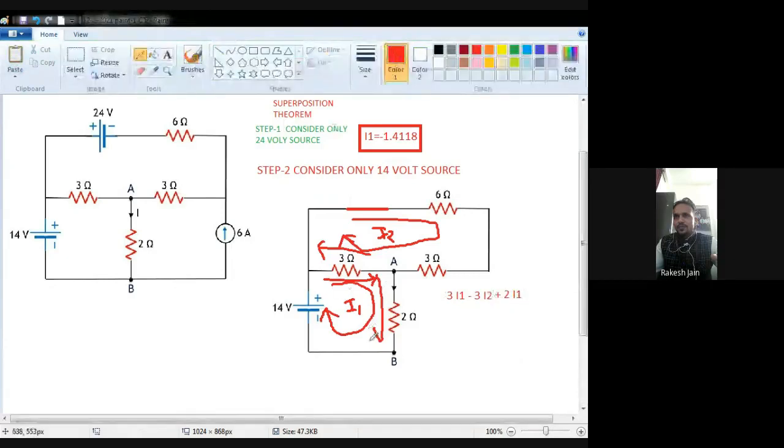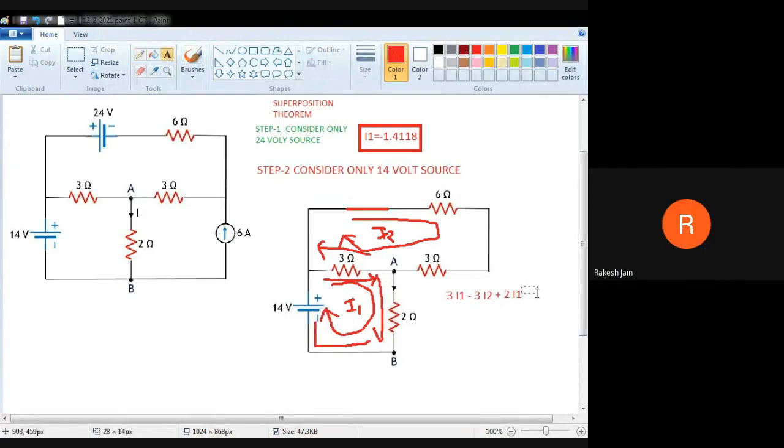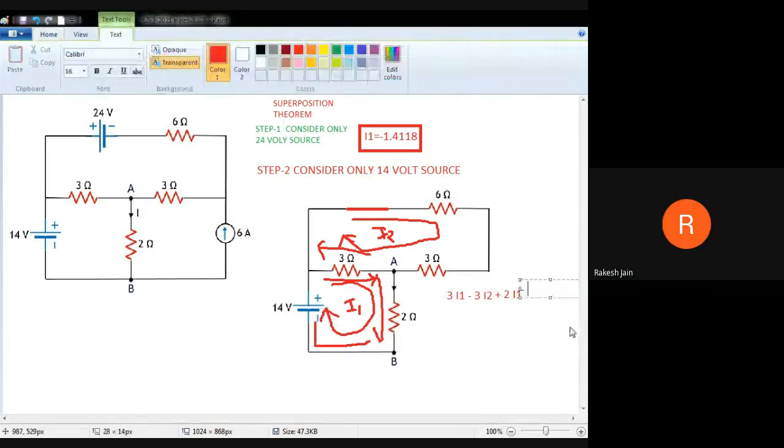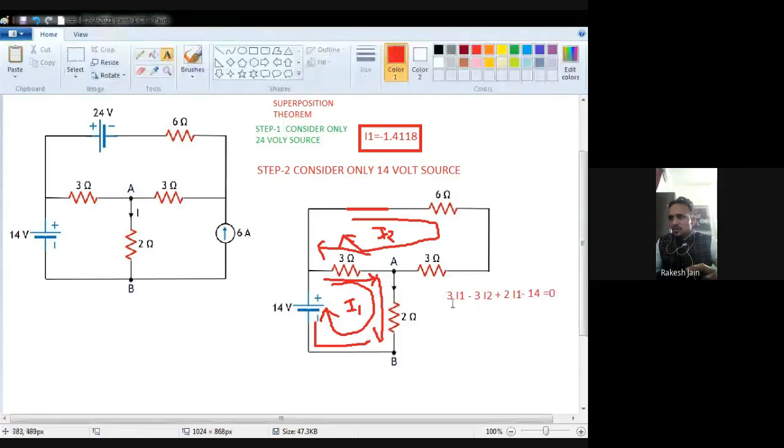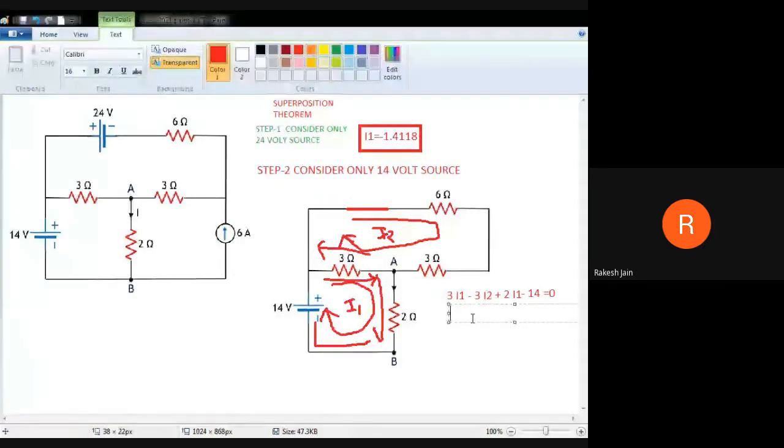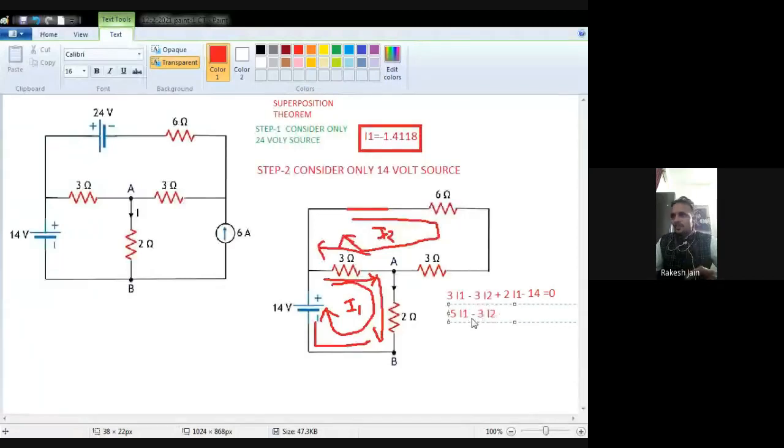In step number first, we considered only the 24 volt source and I found the answer, and I removed all the other things. You can see in the video again if you want to see.